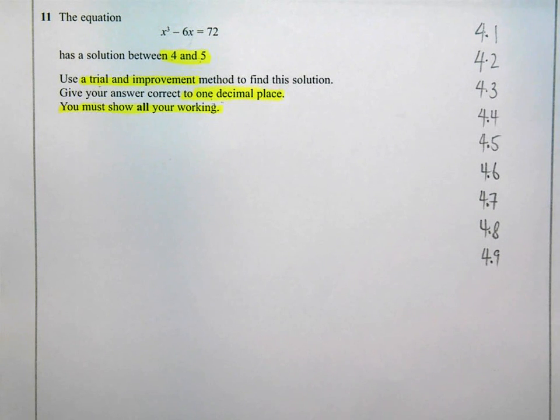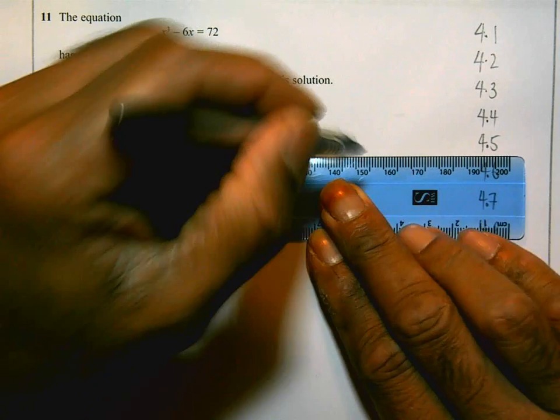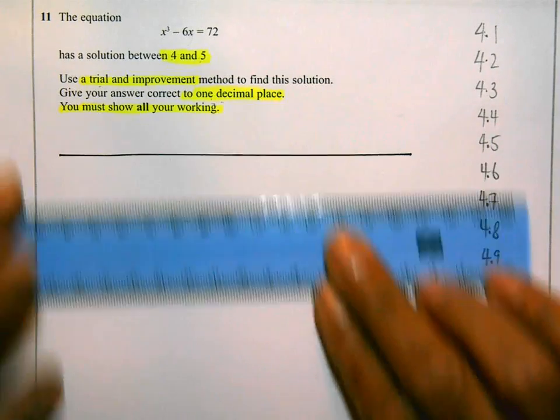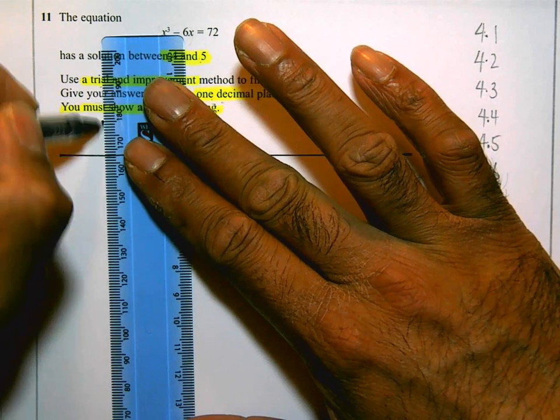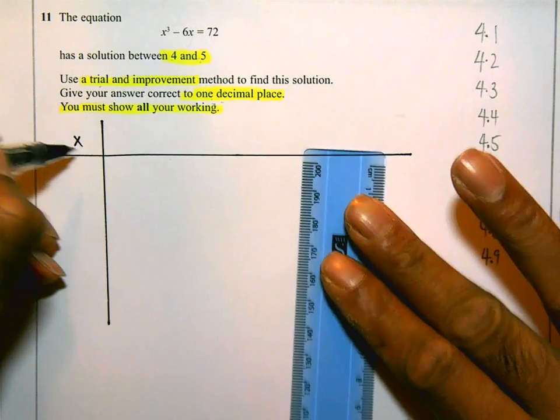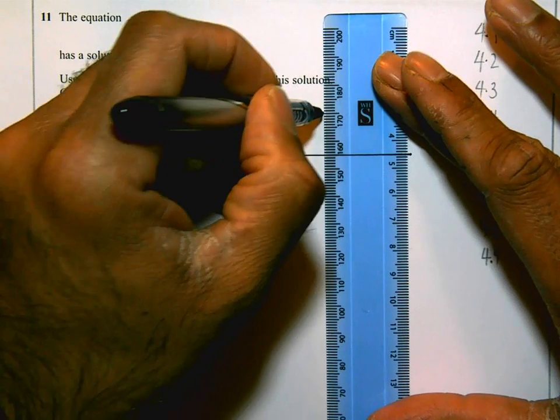The other thing I always do with these questions is draw a table made up of 3 columns. The first column, I'm going to put my x values in. The second column, I'm going to show a bit of working in.